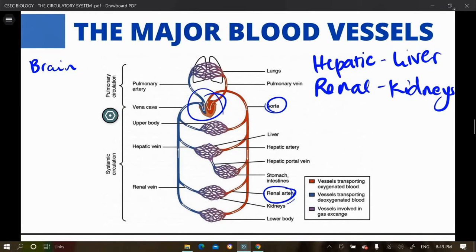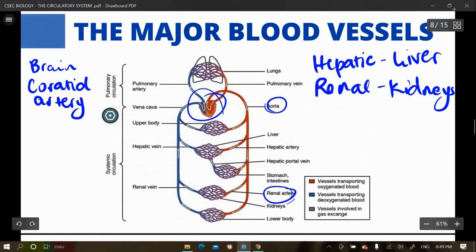The artery responsible for taking blood from the heart to the brain is called the carotid artery. I know you're going to think it's the carotid vein, but you don't have carotid veins. You have multiple carotid arteries. However, blood is brought back to the heart from the brain via the jugular vein. Alright? Those are basically the ones that aren't on this diagram right now that you're supposed to know.